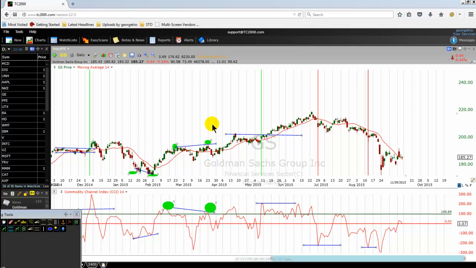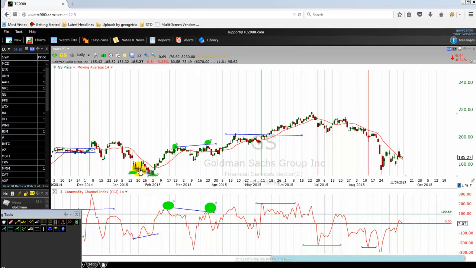It is a divergence that takes place when the speed of the CCI diverges from the speed of the price. For the normal divergence, here we have what we call a bullish divergence. You can see that the Goldman Sachs stock has displayed a low followed by a lower low, while the CCI period 14 is displaying a low followed by a higher low.